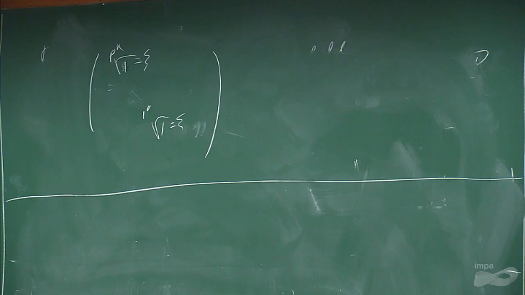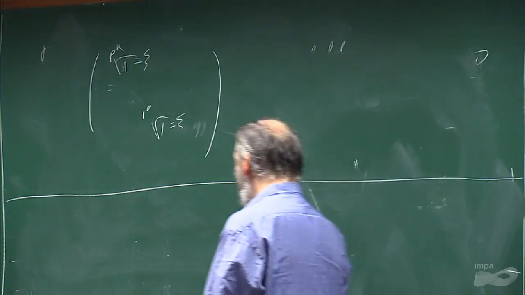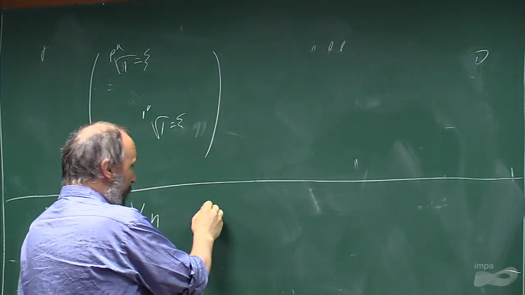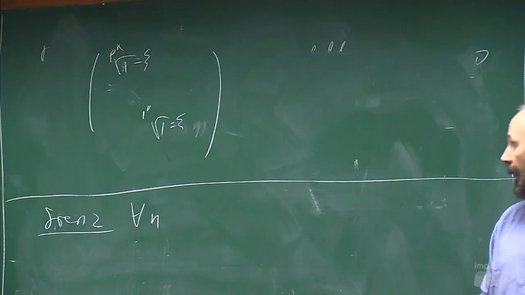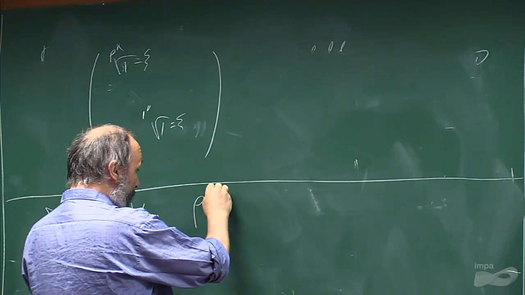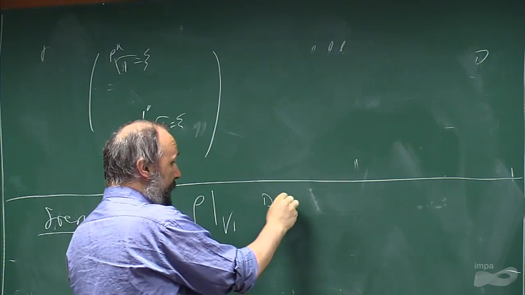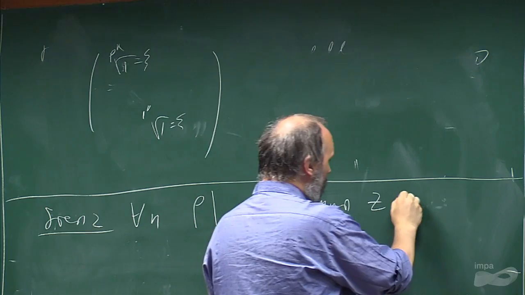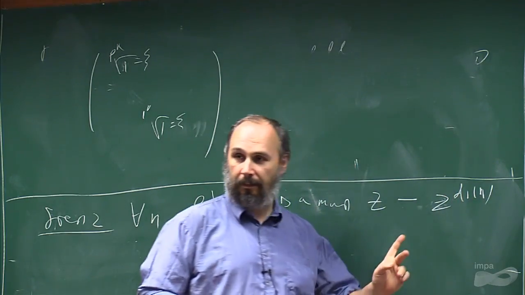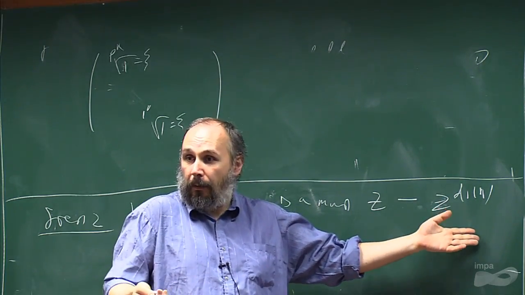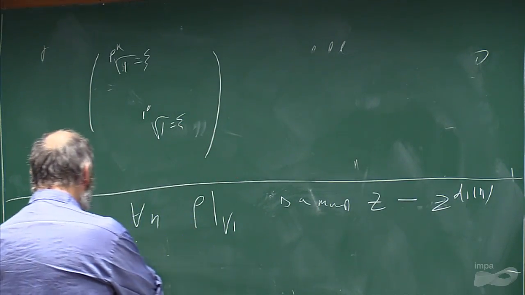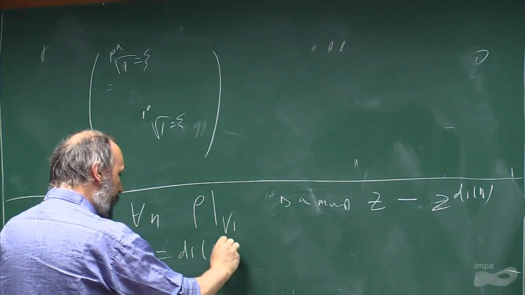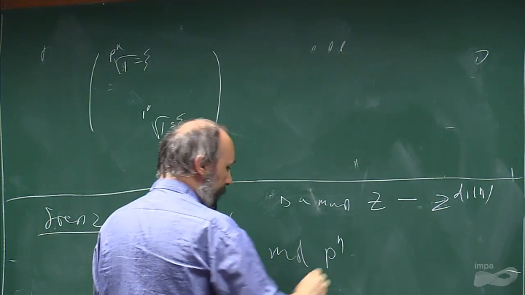Because it's cyclic, so step 2, for each n, this is an automorphism of a cyclic group, so for each n, rho restricted to V_i is a map z goes to z power d_i(n). This is because it's an automorphism of a cyclic group, where d_i(n) is equal to d_i(n+1) modulo p power n, right?